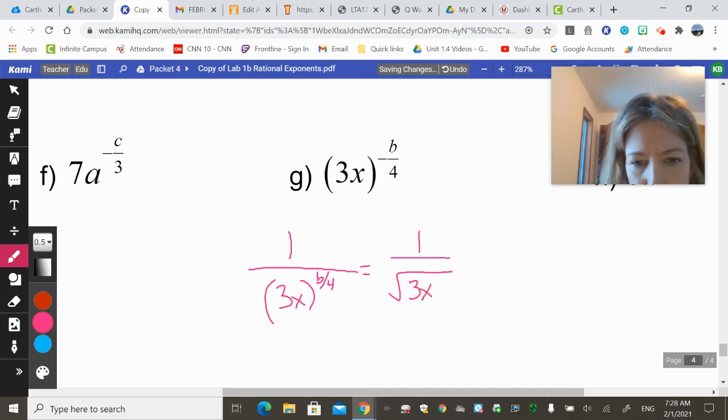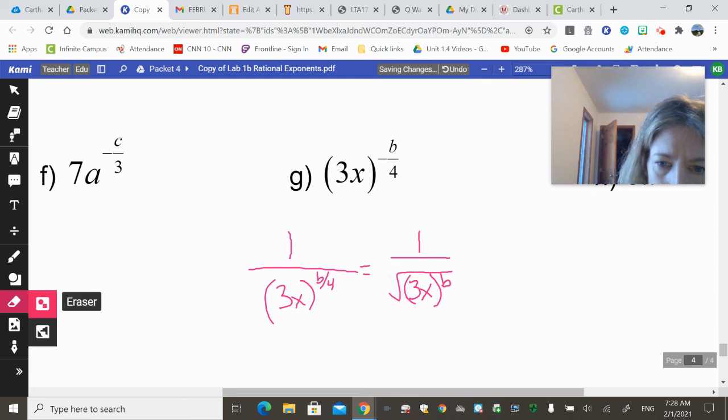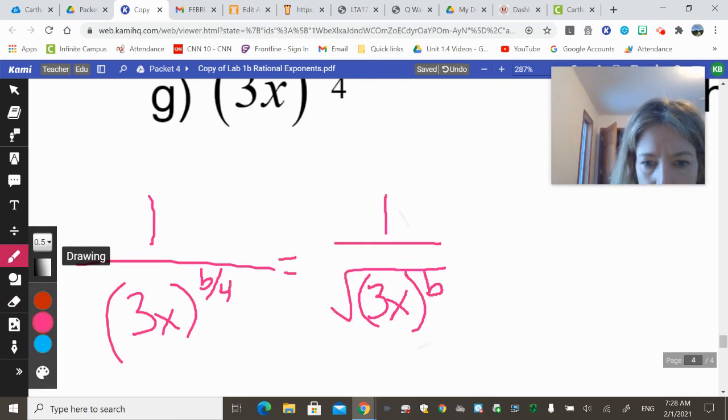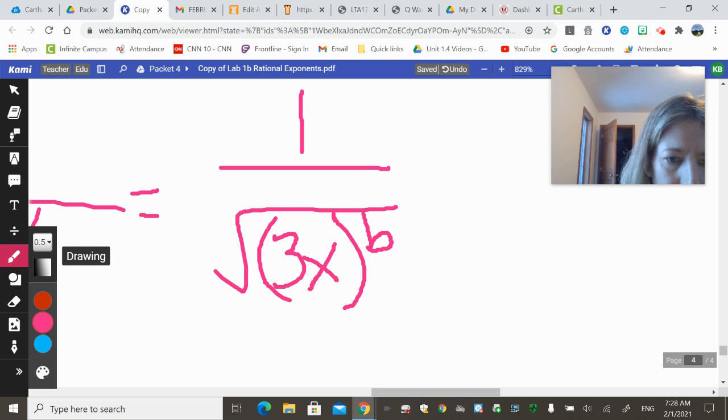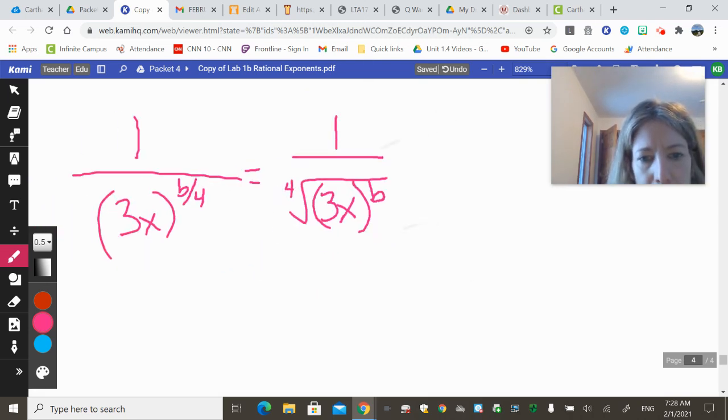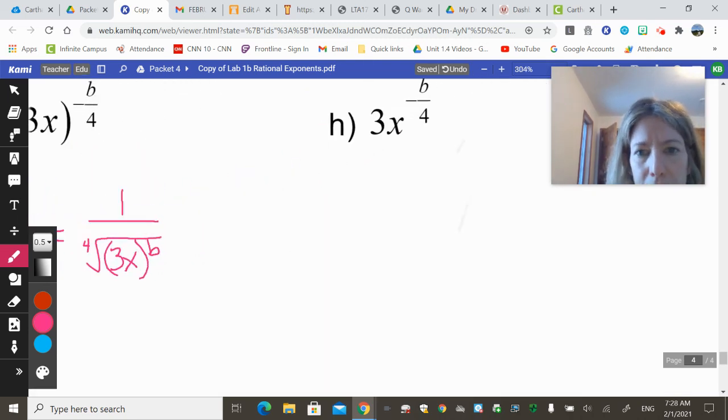The power is b and the root is 4. So if I want to take 3x to the b power, I need to put it in parentheses, and the root value is 4. So that's how we'd write that one. Let me just fix that 4. It looks kind of messy. Zoom in to write a little neater. Perfect.